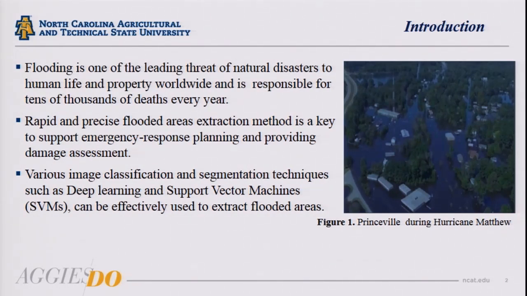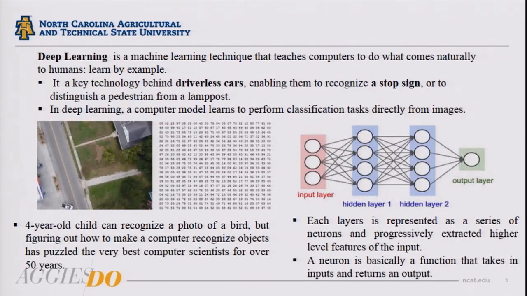So developing a model that automatically extracts flooded areas from either UAV or satellite images is essential to support flood emergency response as well as to provide flood assessment. So in this study, we use deep learning to automatically extract the water parts from your image.